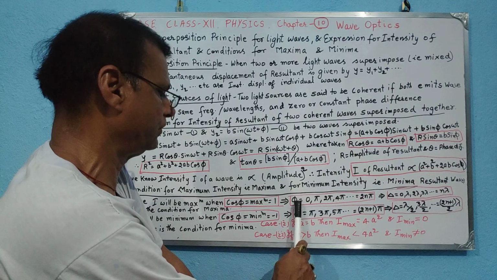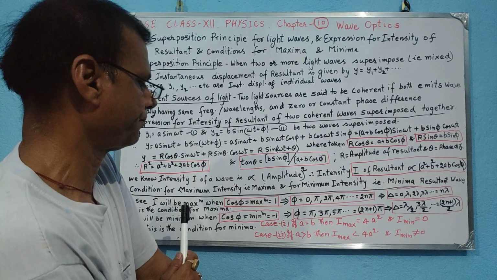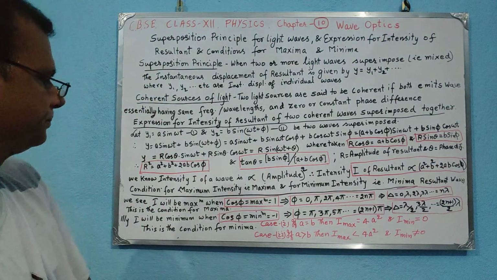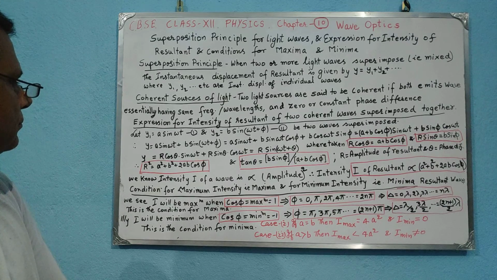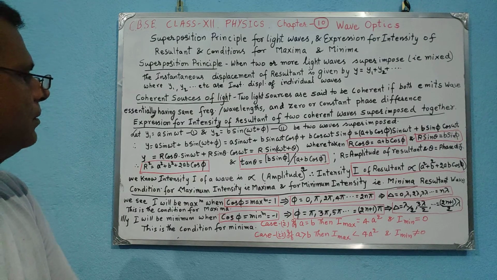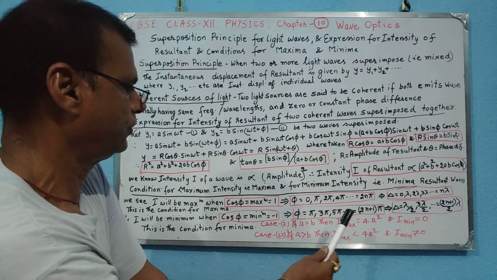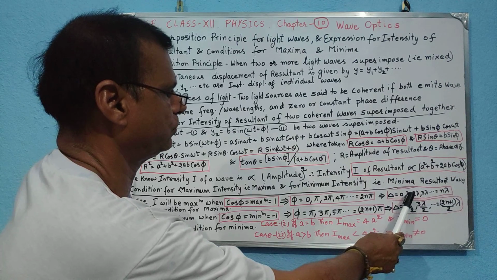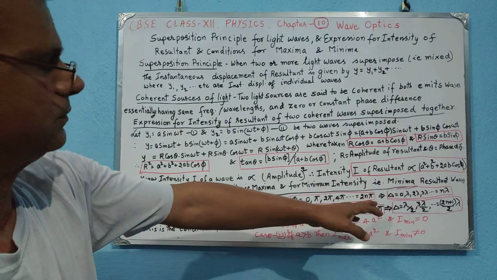And corresponding to this phase difference between y1 and y2, the path difference is equal to 0, lambda, 2 lambda, 3 lambda. How are we getting this?